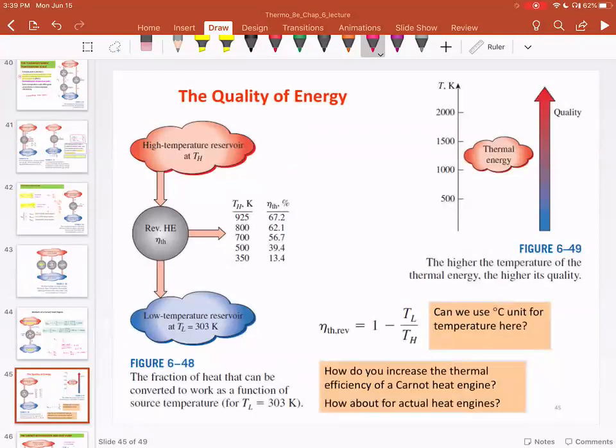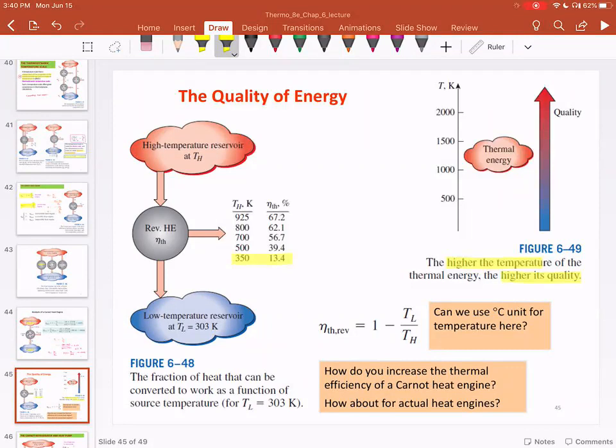Now we talked about the quality of energy, and one thing that I want you to note is that the higher the temperature, the higher the quality. In other words, as the temperature goes up, the efficiency of the Carnot engine increases. I want you to note here, if the high side temperature is 350 degrees, the efficiency of the Carnot cycle is merely 13.4%.